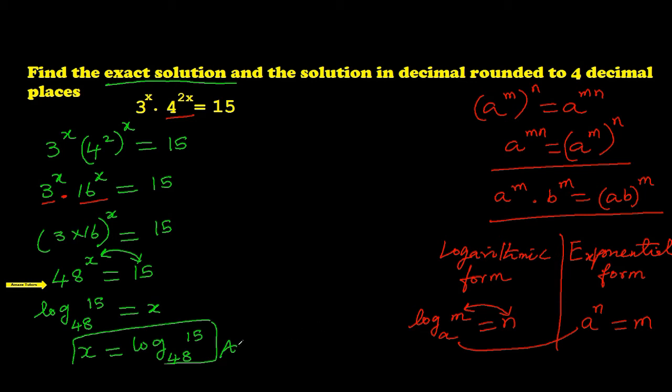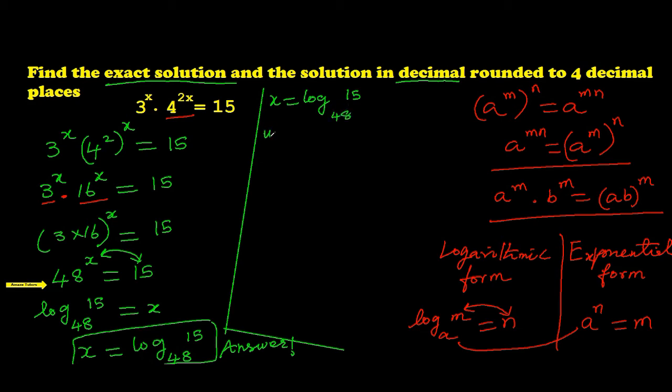Now the second part is we need to give the answer in decimal rounded to 4 decimal places. Let's see how it can be done. Okay, now let me take the same x equals log 15 to the base 48. I'm going to use the change of base rule because I want to make the bases 10.